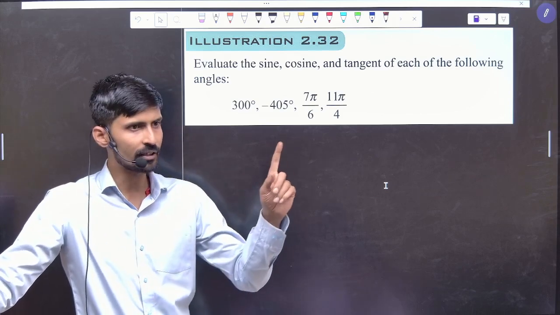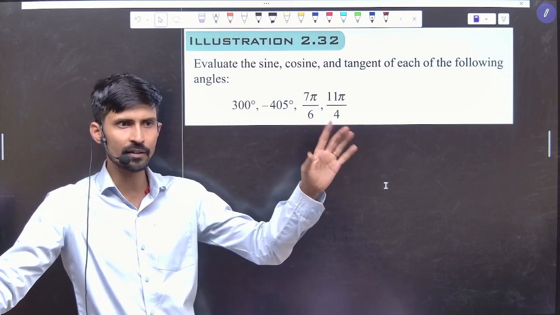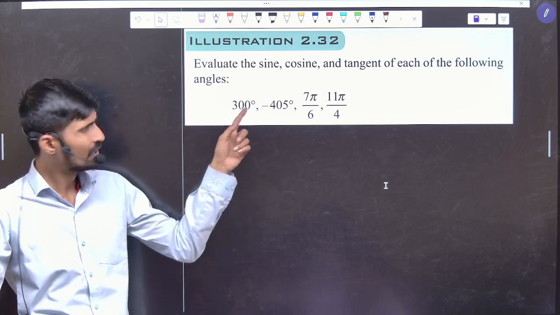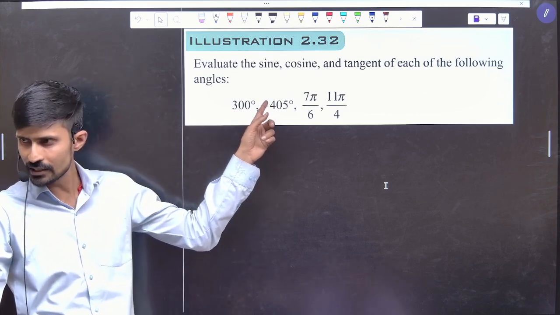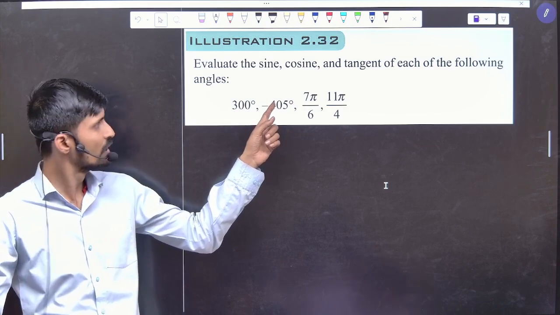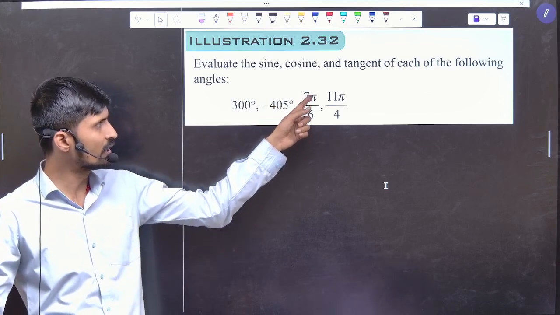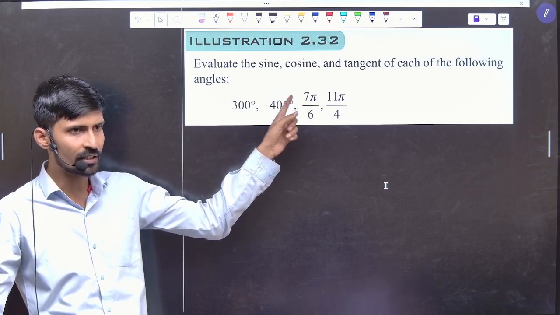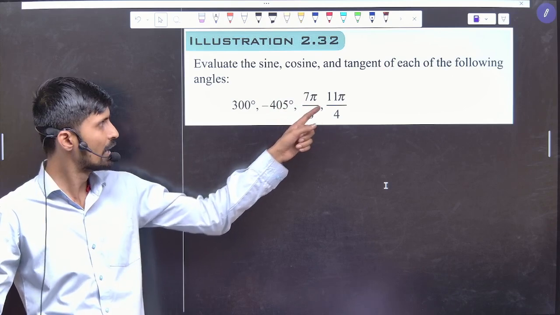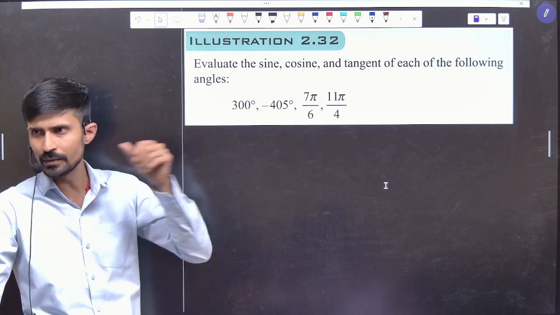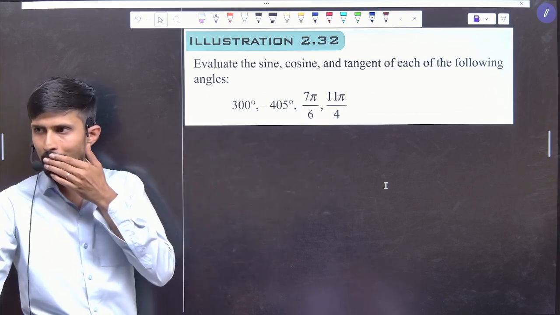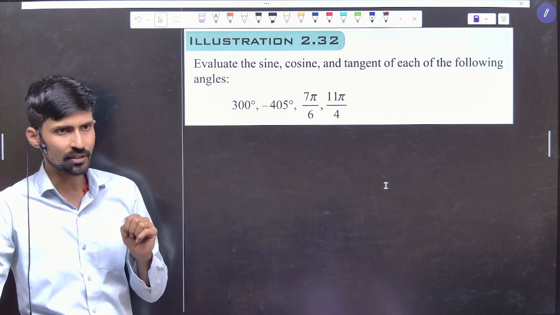Do you remember that 3690 degree was there? But this is only simple 300 degree. This is simple 405 degree. Yes, this is greater than 360. This is 30 degree, pi by 6, 180 by 6, 30 into 7, 210 degree. And this is 45, this is also greater, total 495 degree. Okay now.